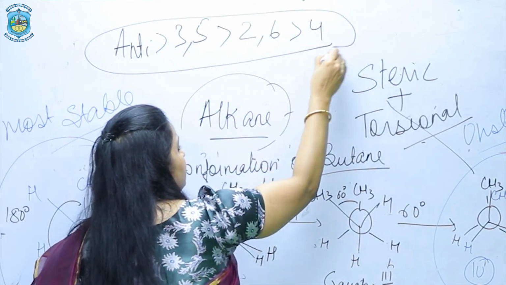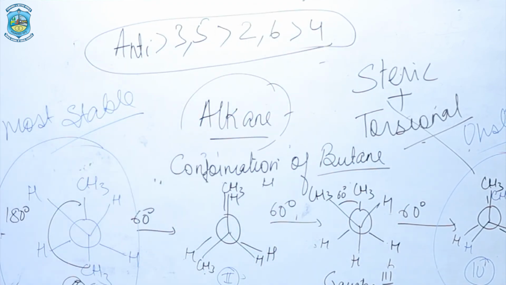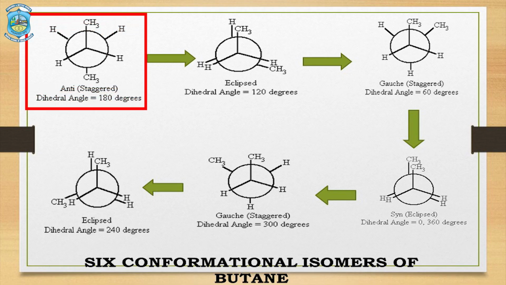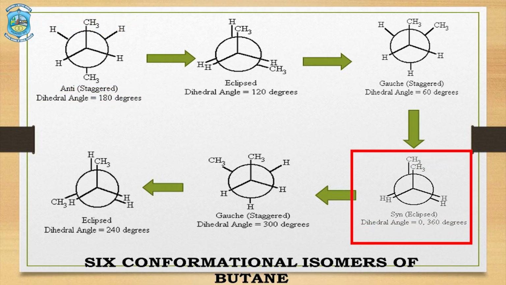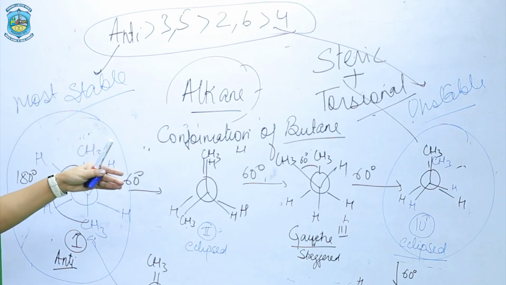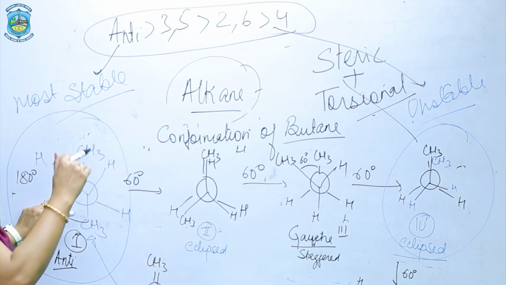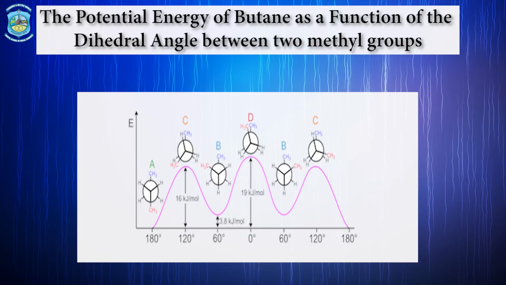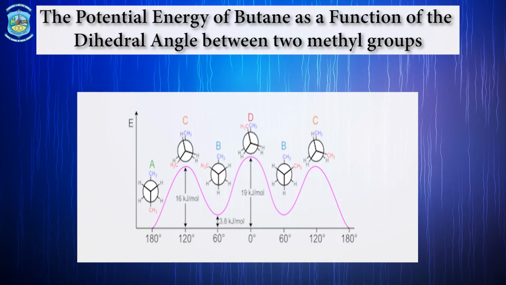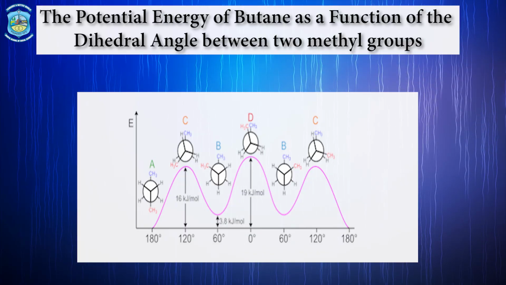So, this is the stability order, most stable one this, most unstable one this. Now, if we study this in terms of energy profile diagram, you will observe that this is lying at the lowest peak of the curve and this is lying at the highest peak of the curve.